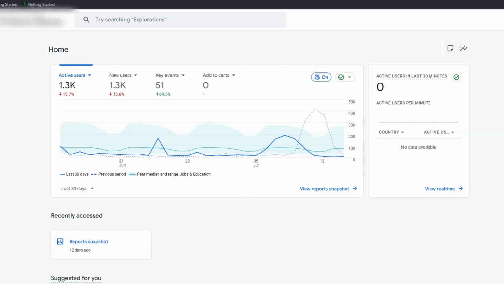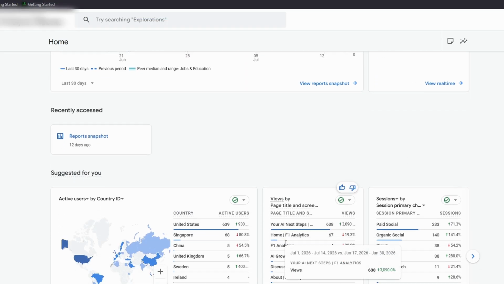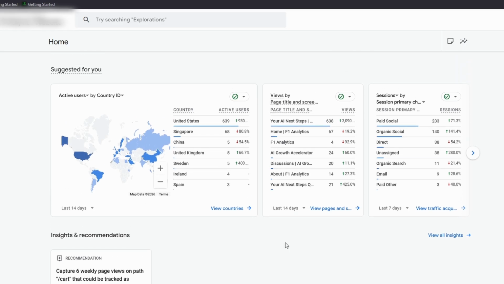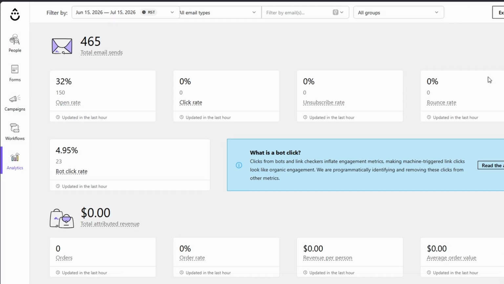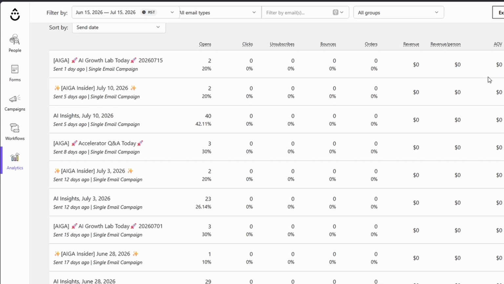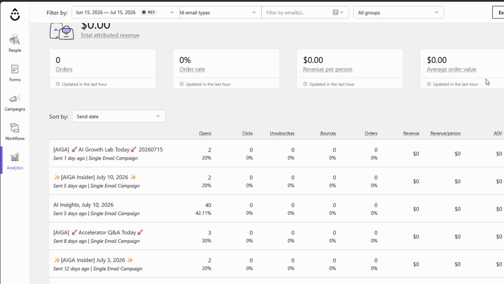Now do the same thing across the rest of your business. Your website analytics, Google Analytics, or whatever you're using, it's sitting on visitor behavior, what pages people looked at, how they found you, and where they dropped off. Your email platform is sitting on open rates and click rates and exactly which of your subscribers engage with what you send.